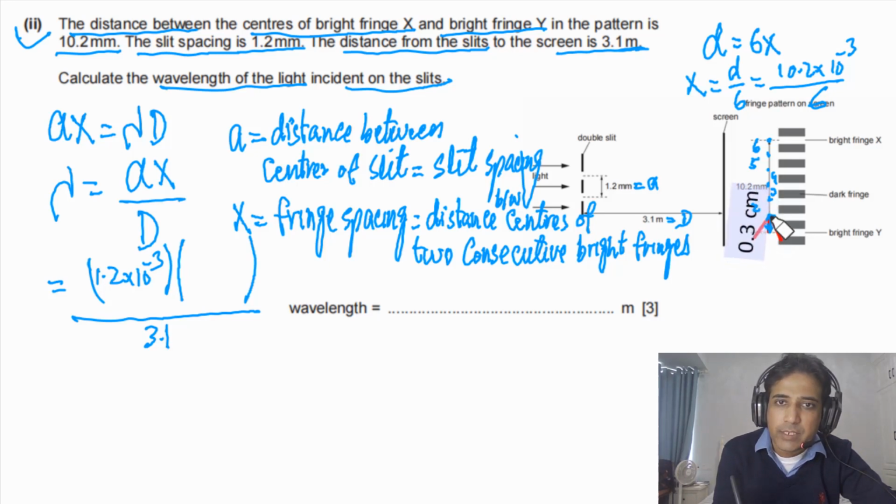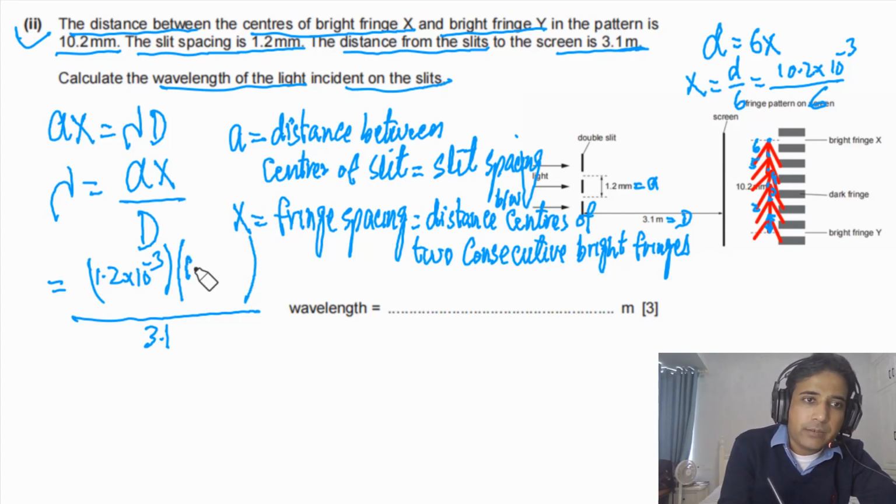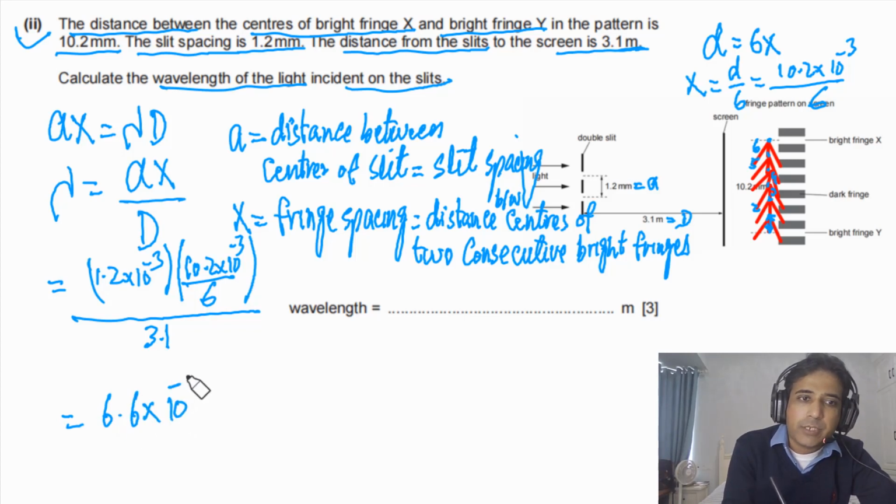This is 1x, this is 2x, this one is 3x, here we have 4x, here 5x, and here we have 6x, and this is equal to D. So we need to write x is equal to 10.2 times 10 to the minus 3 divided by 6. Now if we solve this, we will get lambda equal to 6.6 times 10 to the minus 7 meters. So this is the value of lambda.